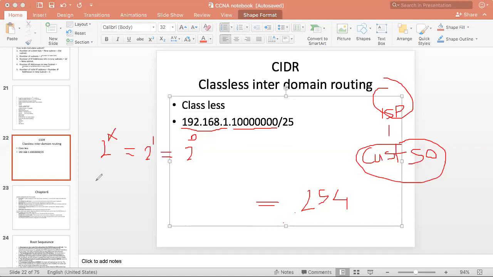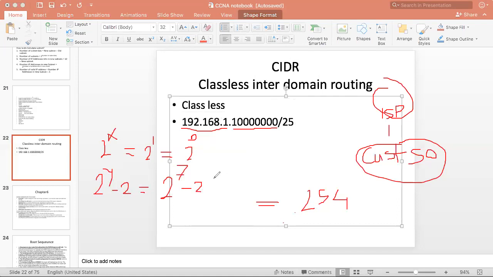And to get the valid hosts, 2 to the power y minus 2, this is the formula. How many host bits do we have in the host portion? 7. Let's solve it: 2 to the power 7 minus 2.